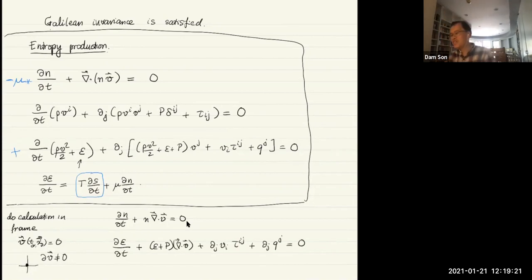That's basically what the two equations are. And then I need to fashion these two equations into an equation of conservation of entropy.